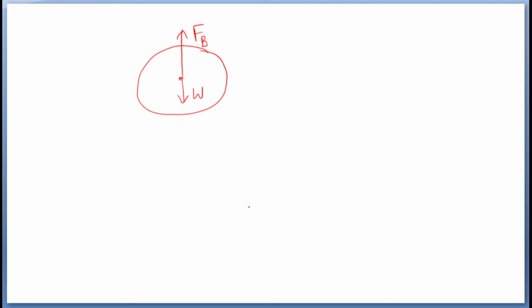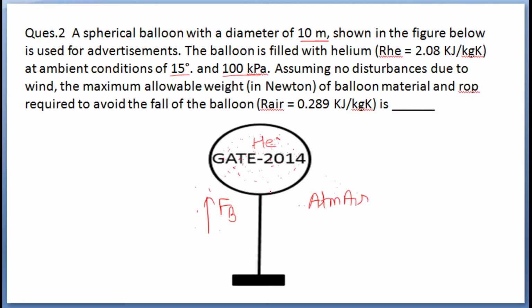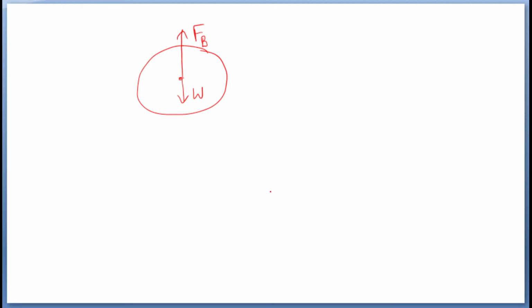Now the second thing is again tension. As I told you earlier, what is tension? Tension is always away from the object. This is my balloon, so tension is away from the balloon, which means downward direction.